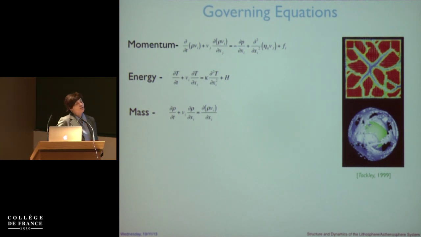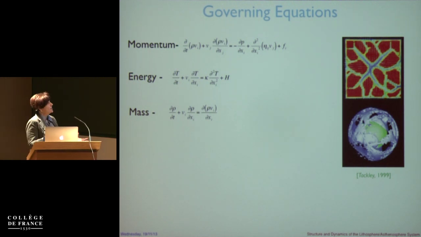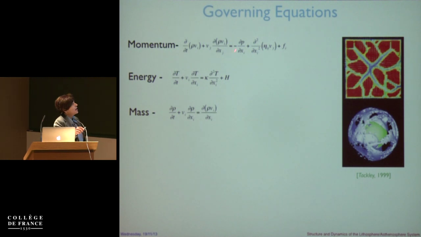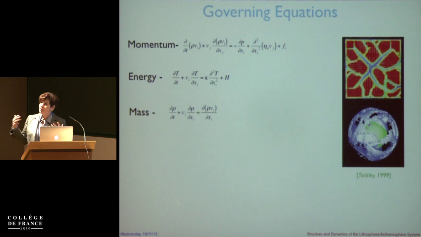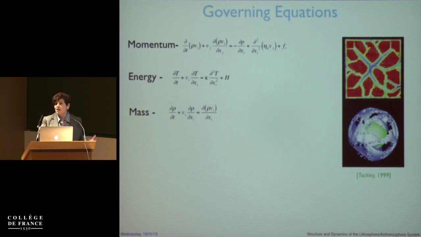The governing equations we know, the Stokes equations: conservation of momentum, energy, and mass. If we were doing things completely, we would have to take into account that viscosity is a tensor, and that there are a lot of spatial variations, for example.